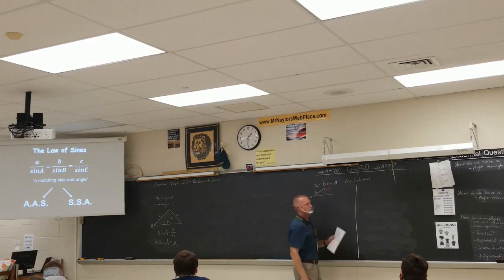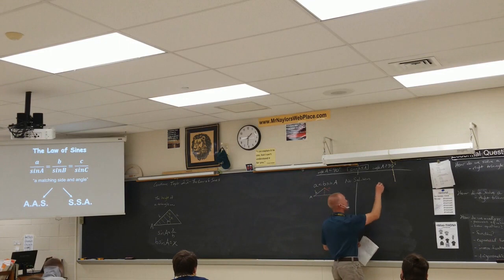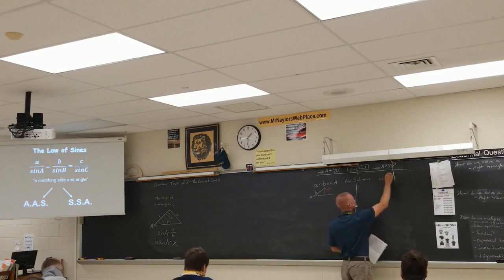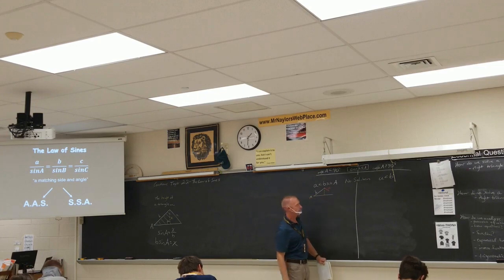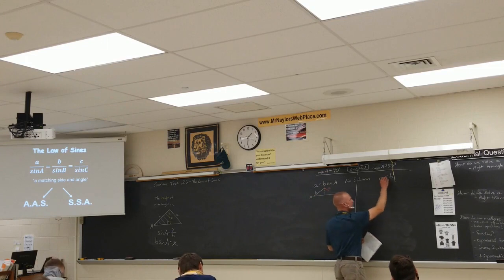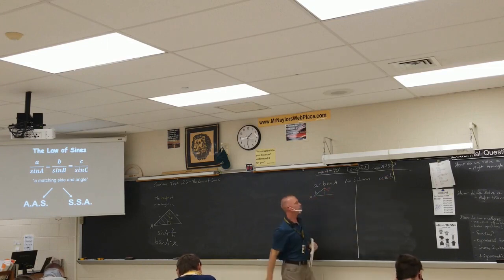Now, it also turns out that you won't make a triangle if A is less than B. That is when you have an angle bigger than 90, when A is less than B. Check that: A is less than or equal to B. We'll put a little equal to in there.